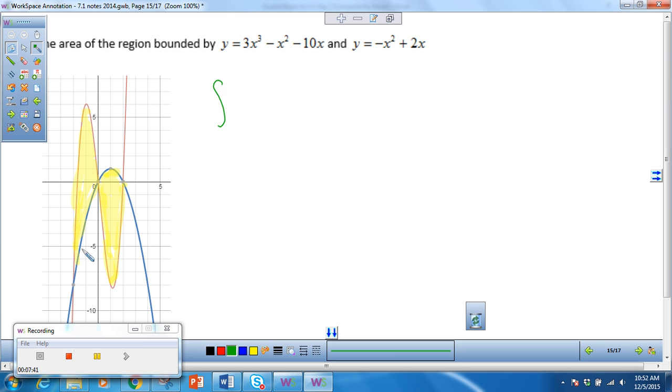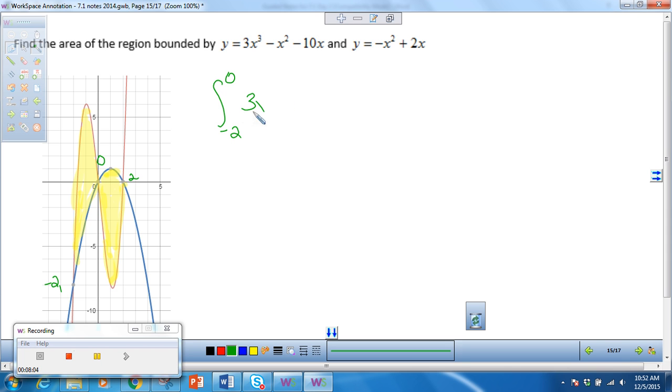This is 0, -2. And well, that y value doesn't matter. This is 0, and this is 2. So my first one goes from -2 to 0, and the cubic function is on top.